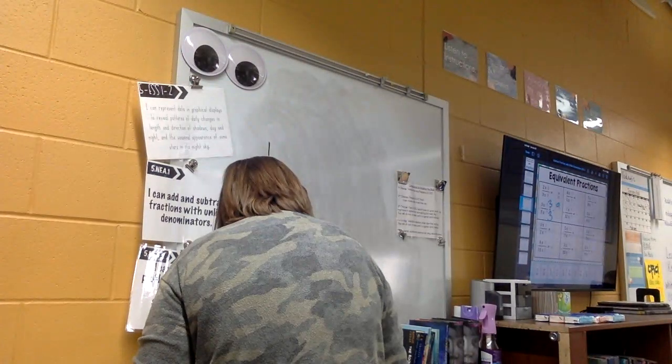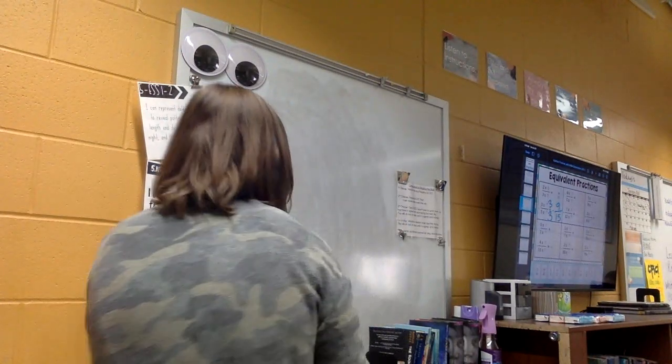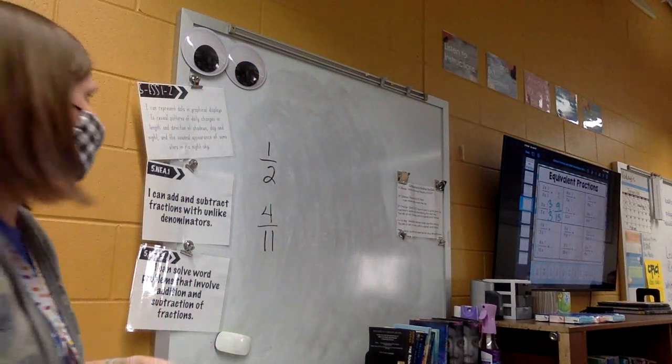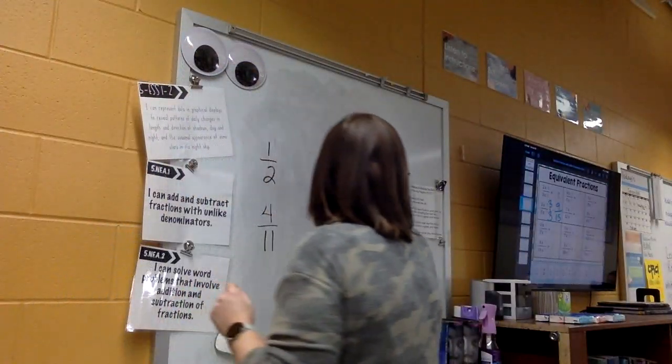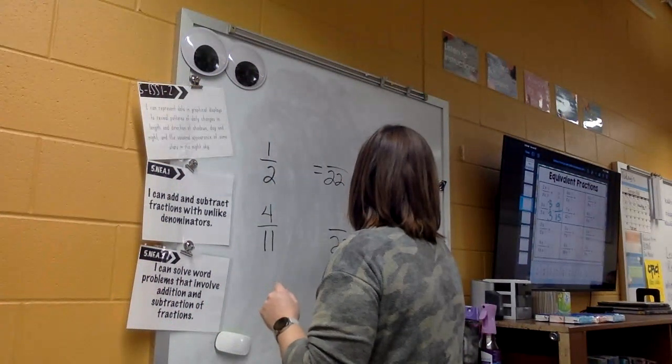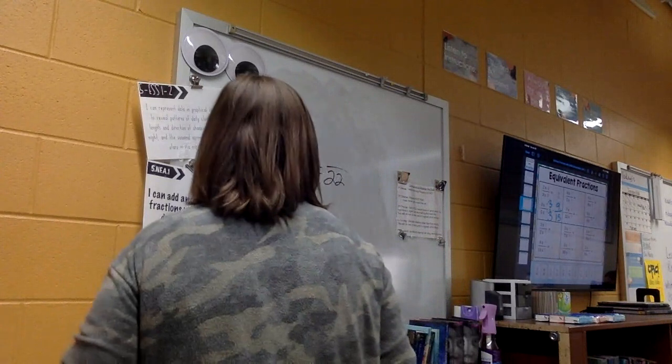How do I know it's 22? 11 times 2 is 22, right? So I know 22 is my common denominator. Okay?